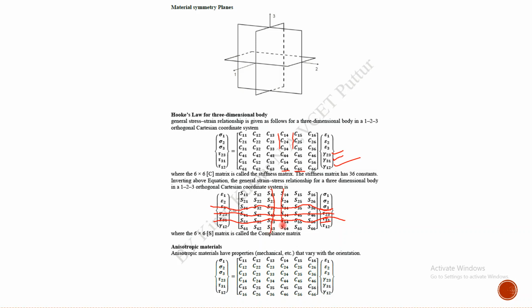So what is going to happen is we come across S11, S12, S21, S22, and these terms will become 0 because I am going to take the material as orthotropic material, and the only term that will exist here is S66.